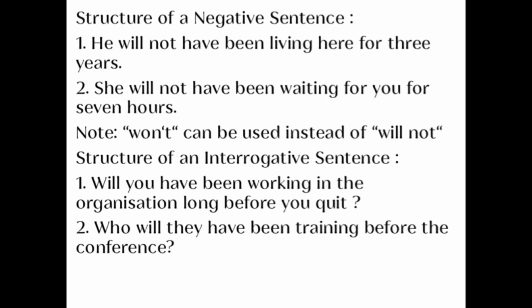So here the working verb action is used and it is followed by ing. Who will they have been training before the conference? So here the verb is used plus ing is used. There is a present participle also. Have been is an auxiliary verb here. So present participle and continuous tenses are also used to indicate the future.